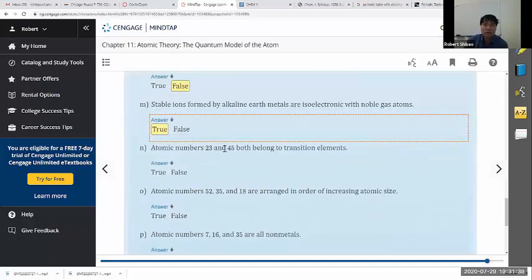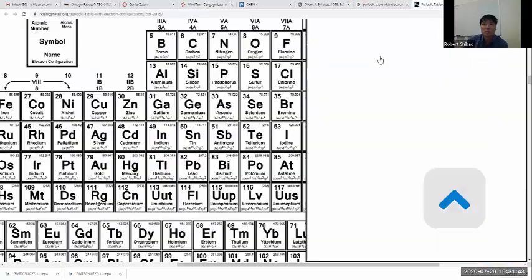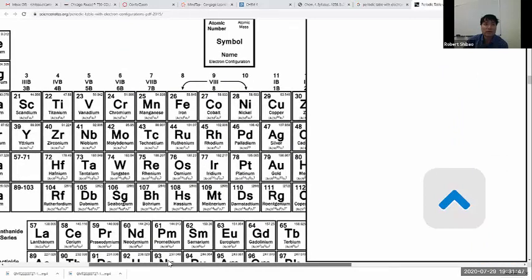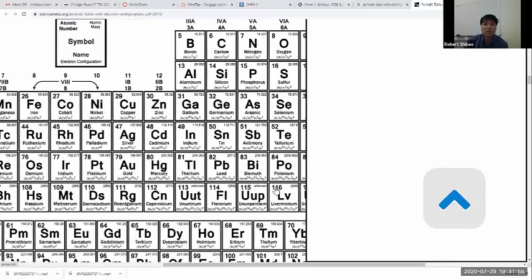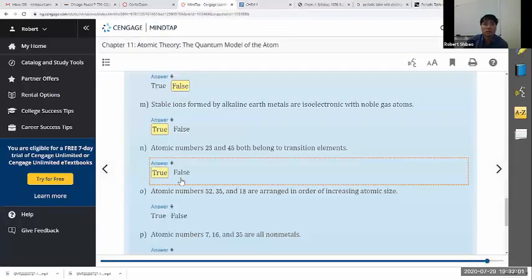Atomic numbers 23 through 45 belong to the transition elements. 23, I don't have the numbers memorized. 23 to 45, that's false, because 31 through whatever are main group, not transition metals. Oh, 23, and 45, not 23 through 45.